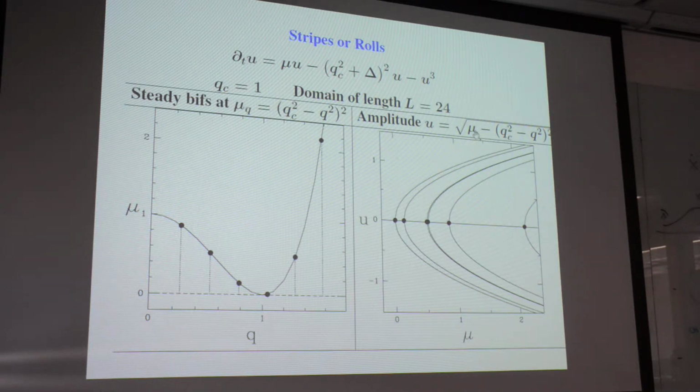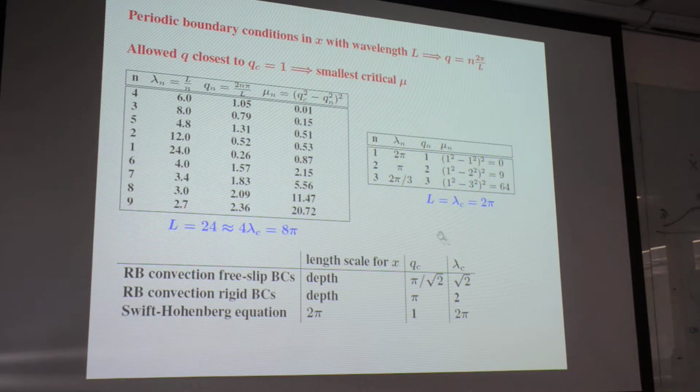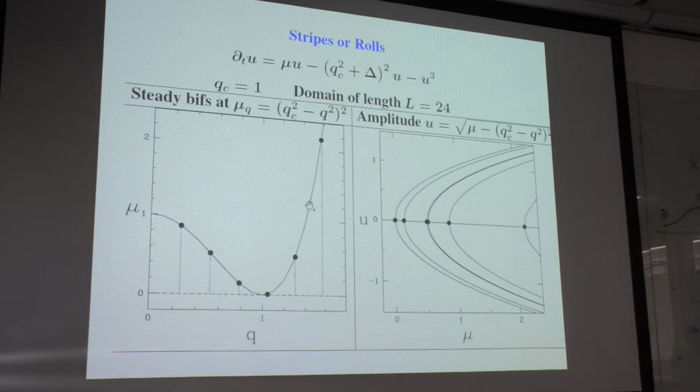As you increase mu, you get more and more of these, because more and more of the permitted values of q are multiples of 2 pi over L, because that's what fits in the box. And more of these are permitted in the box, so you get more and more branches. Okay? And this is just that data in tabular form. You've seen it in the picture. You see that as you're increasing mu, you get more and more branches.